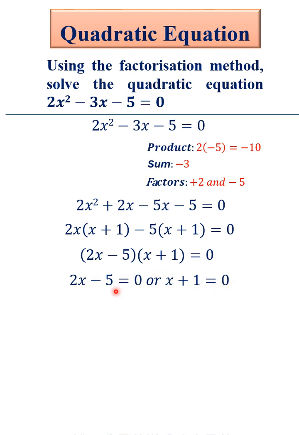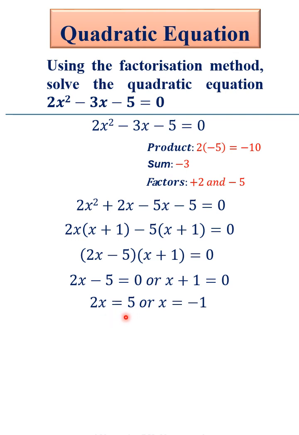So we solve these two linear equations separately. So 2x − 5 = 0. This −5 will cross the equal to sign, and it becomes +5. So that we have 2x = 5, or x = the +1 will cross the equation sign to become −1.